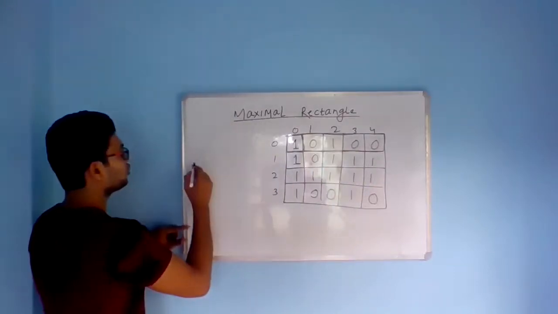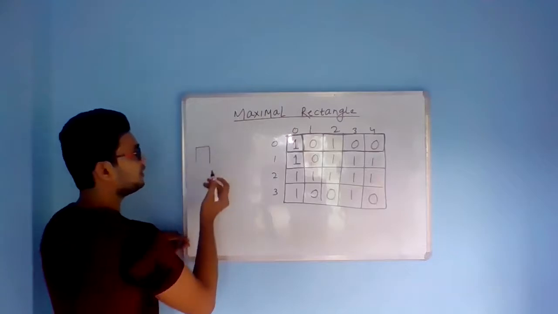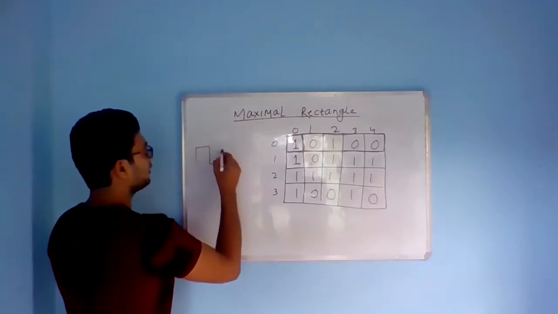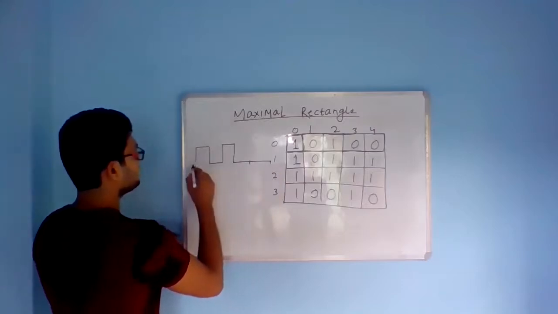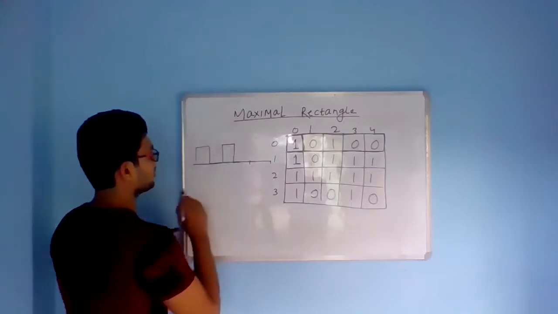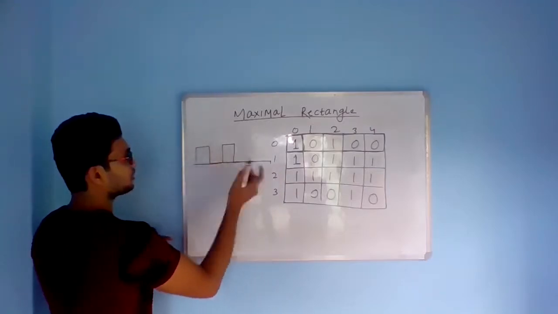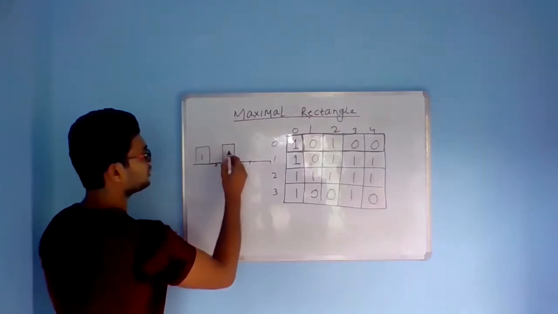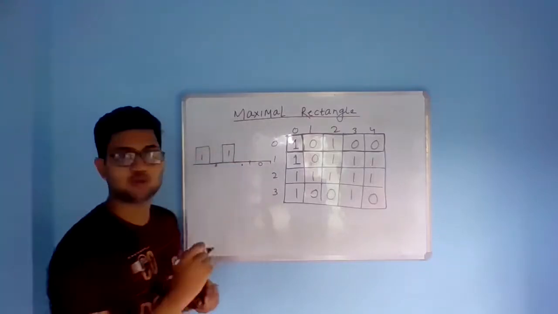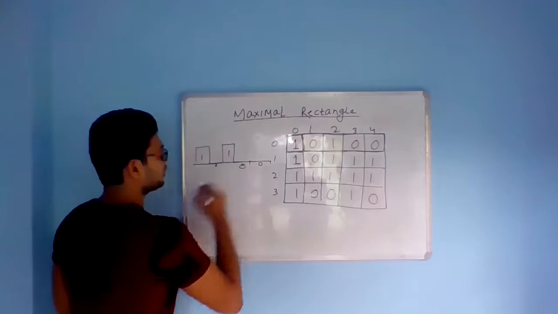Let me draw the picture so that it is easier for you to understand. Suppose in this histogram the height of this bar is 1, it is 0, this is 1, this is 0 and this is 0. Okay, cool.